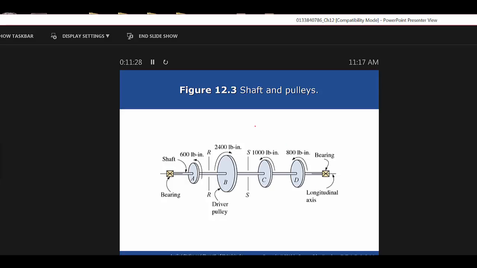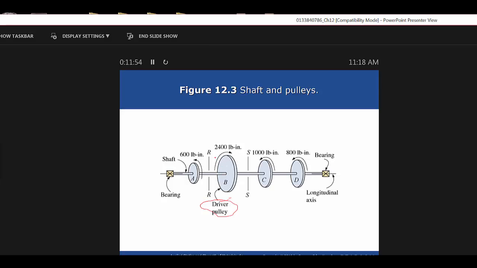Now, somewhere in there, yeah, here's the driver pulley. Okay, when you've got a shaft situation, you've got to have a driver pulley. In other words, this one is getting all of the torque supplied to it via some kind of a V-belt, a chain, or it could even be another pulley in contact with it. I've seen rubber pulleys where they have rubber around the outside, and they just contact each other.